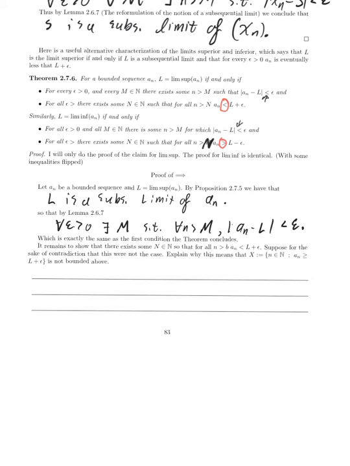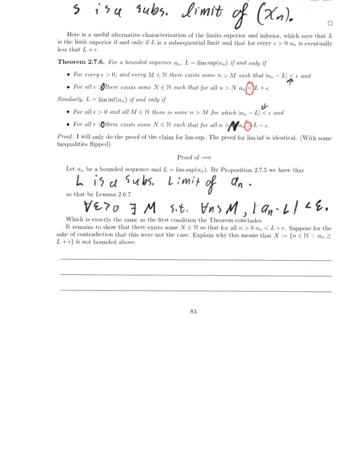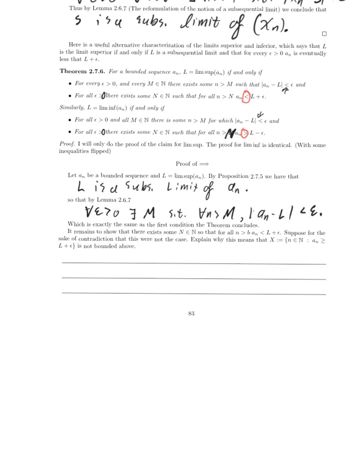Next, I need to show that for every epsilon bigger than 0, so what remains to show? It remains to show that for every epsilon bigger than 0, there exists some choice of big N, so that for all little n bigger than big N, a sub n is less than L plus epsilon.